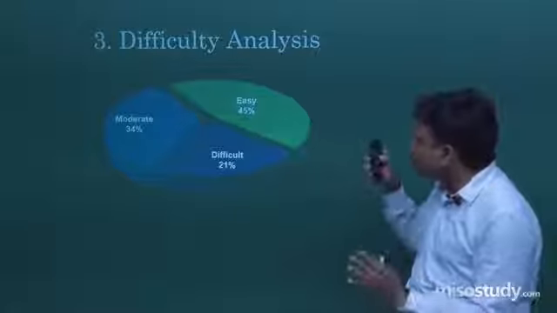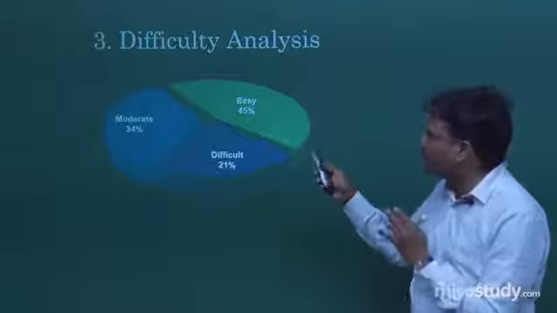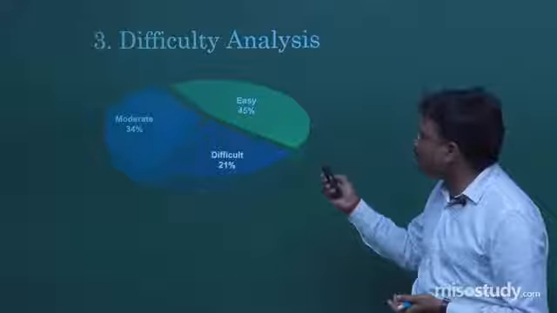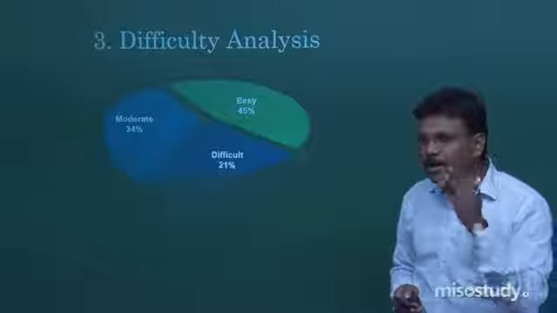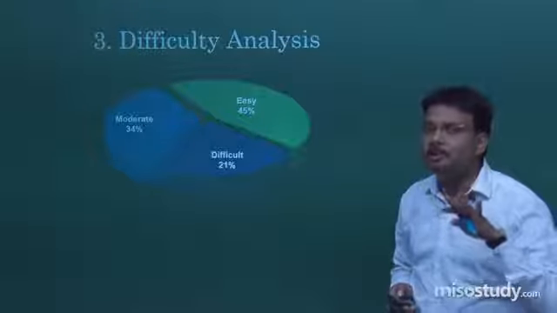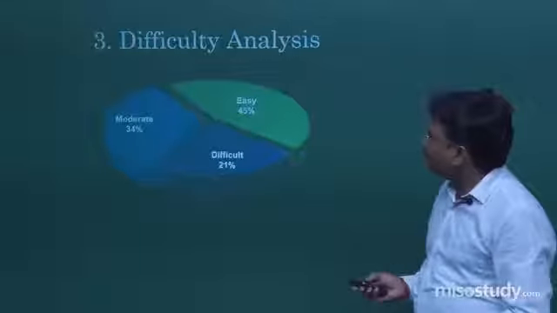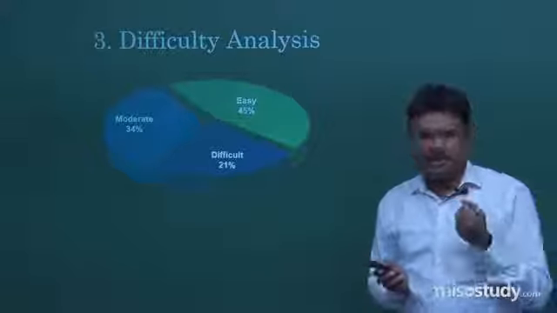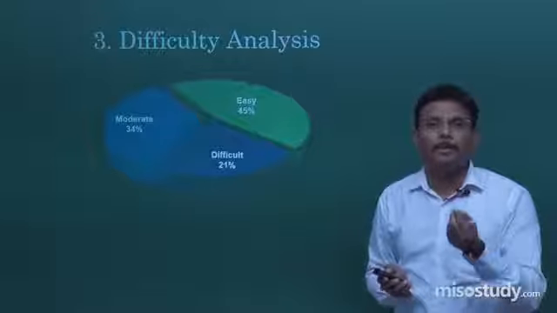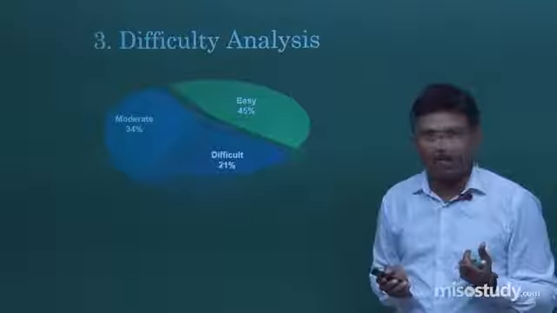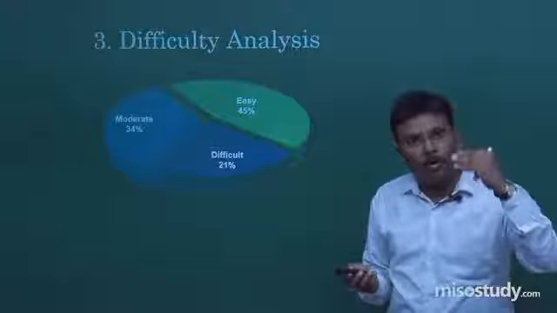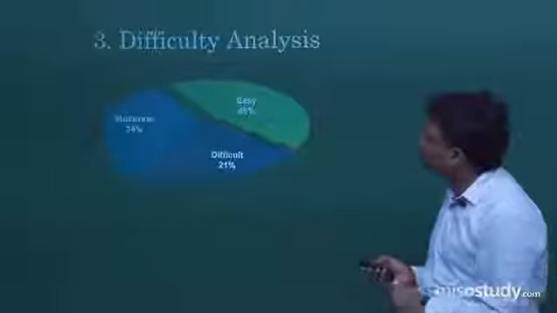If you are able to solve this many questions from the blue segment and the green segment, very easily you can ensure this 100-mark cut. Then difficult is 21%. Say for example you are able to pick only 1 or 2 correct options from there, that is going to be an added advantage. You are bound to cross 100 plus.